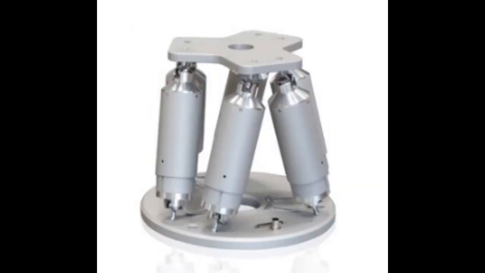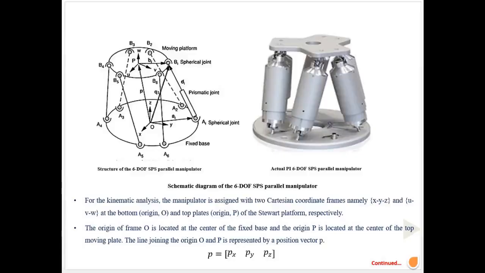All vertices of both plates are connected by 3 degrees of freedom passive spherical joints. The 6 prismatic joints are considered as the input joint variables L1, L2, L3, L4, L5, L6 to the manipulator to move the upper platform to the desired location.